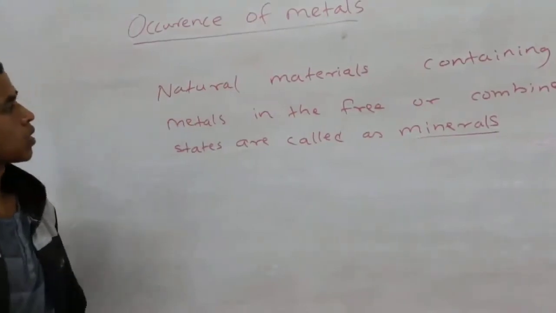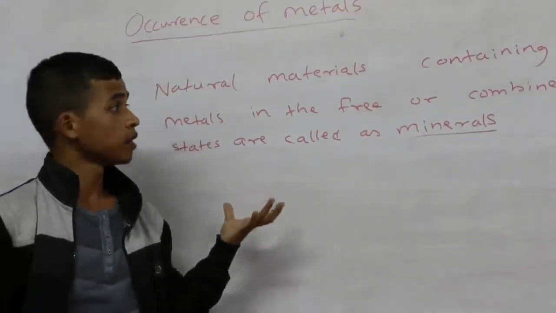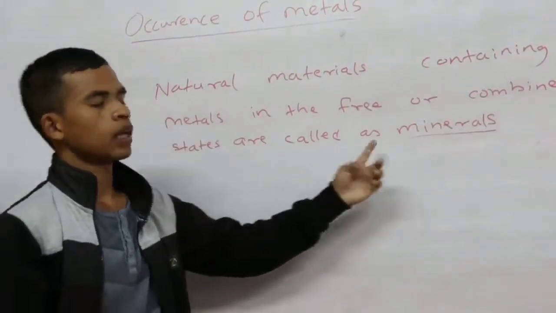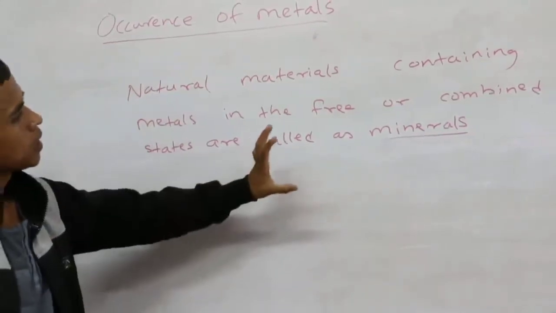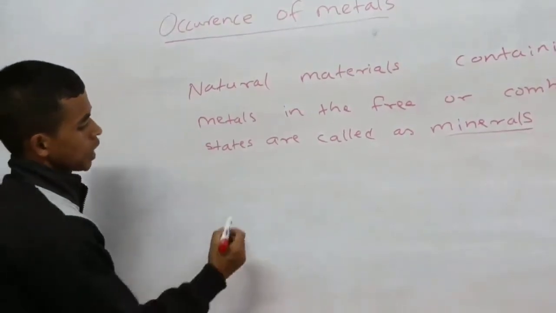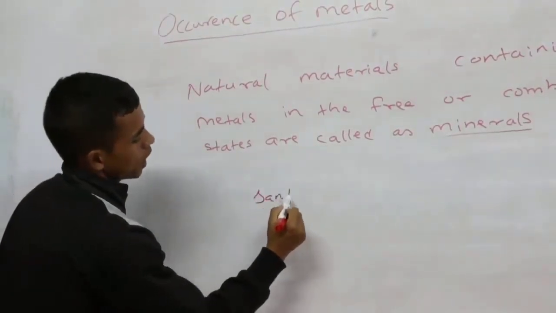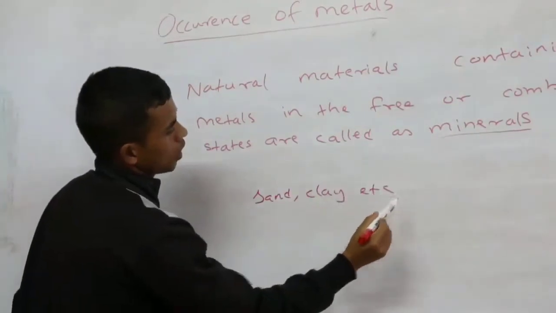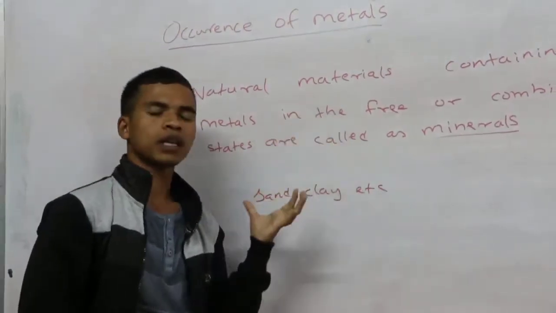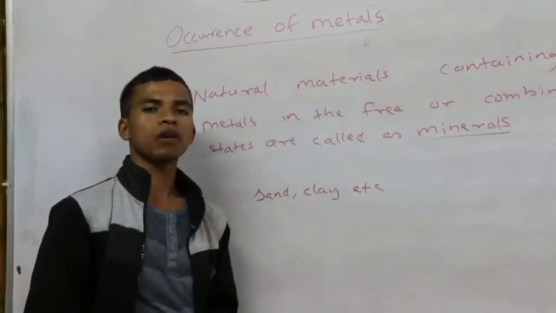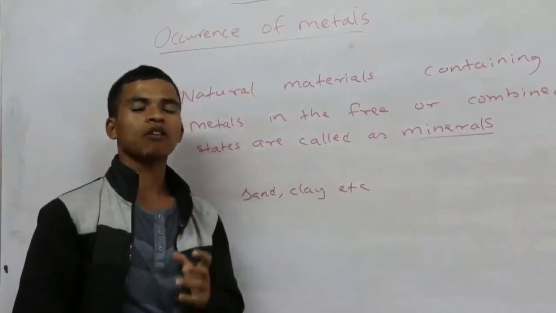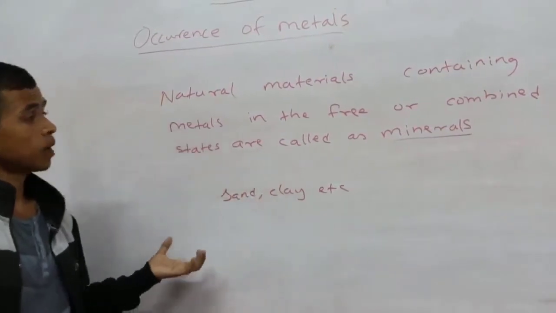So all the materials, as long as they contain metals, whether they exist in the free state or in the combined state, will be called minerals. And these materials will contain unwanted impurities such as sand, clay and others. But other than these impurities, they may contain other impurities which may be harmful to health when we do the extraction of metal from these materials, or they may cause pollution.